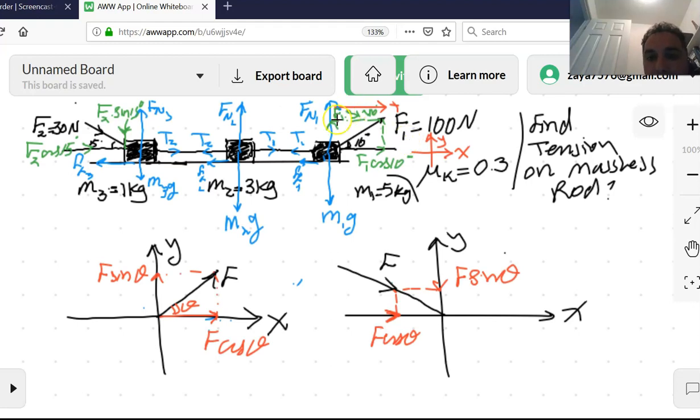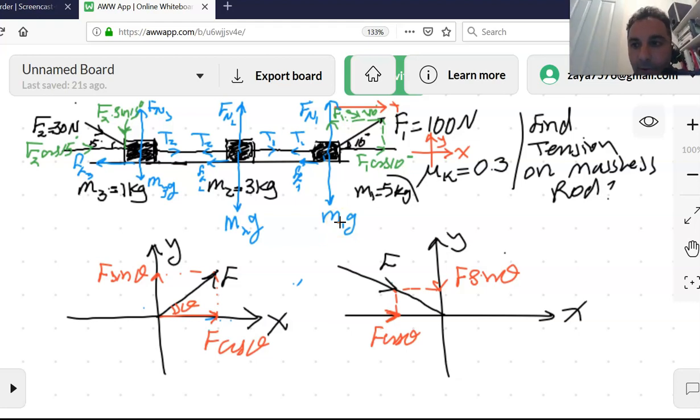Watch it, guys. For M1 on the y-axis, I do have three forces. One is this blue one, which is Fn1. One is F1 sine 10. The green one is M1G, which is the force of weight.